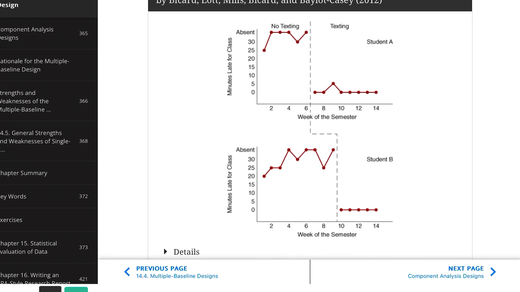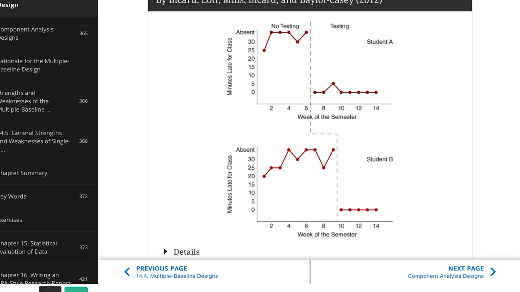Student B didn't, you can see the vertical dotted line there. Student B did not receive the treatment until it looks like week 9 or 10. In case you're wondering why it says texting, they were supposed to text the academic counselor once they got to class to let them know, hey, I made it to class.